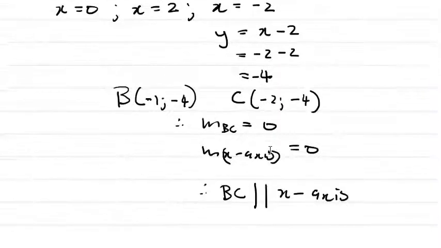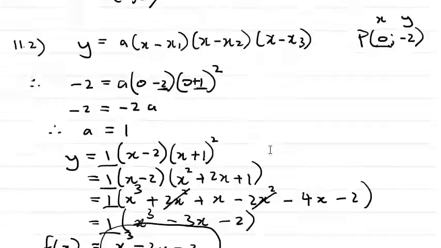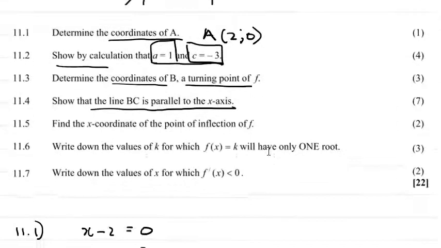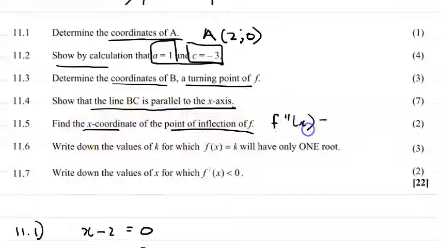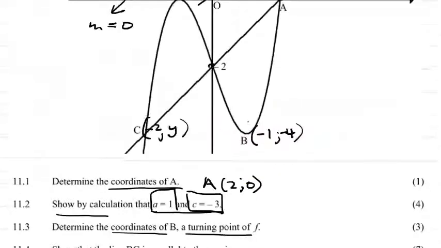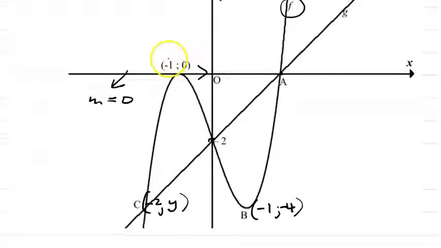Alright, so let's look at the next question, 11.5. Now in 11.5, you have to find the x-coordinate of the point of inflection of f. Remember that the point of inflection is f double prime x equals 0. Alternatively, you can find the x-coordinate of the point of inflection by averaging out the x values of your turning points.